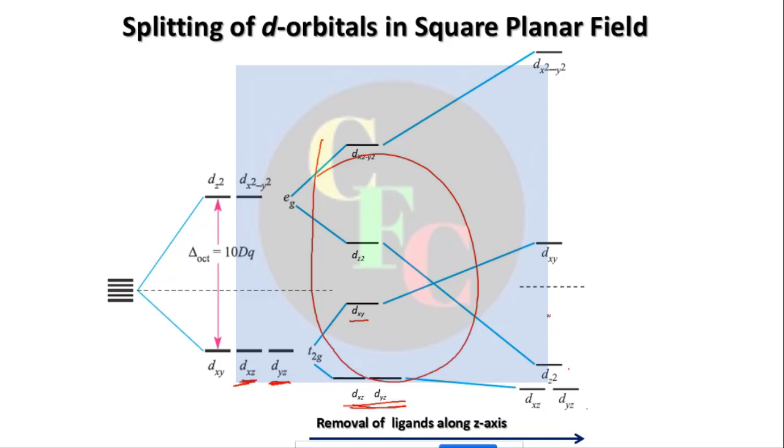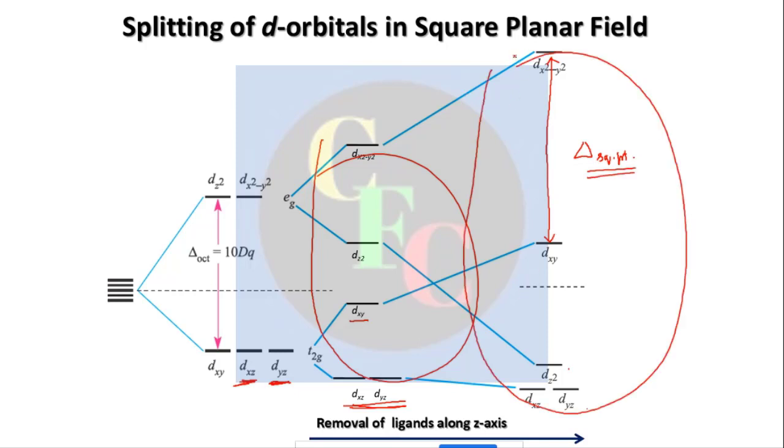And this is now our splitting, this is our delta for square planar. So this is our crystal field splitting diagram for square planar, right?